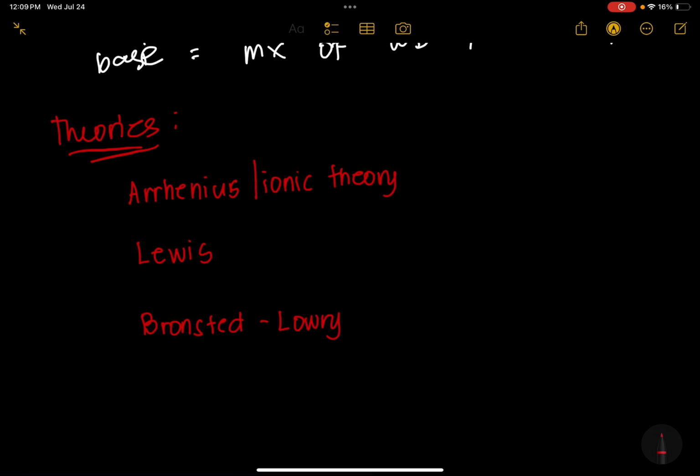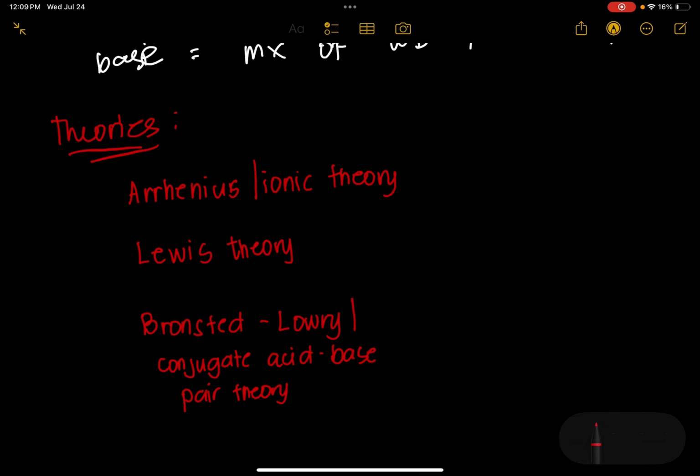We have Lewis, siya lang, wala na naging discuss. Bronsted-Lowry theory, or the other name of it, is conjugate acid-base pair theory.